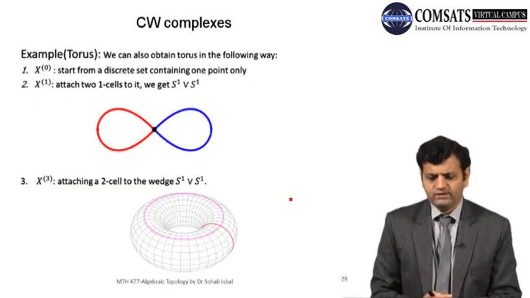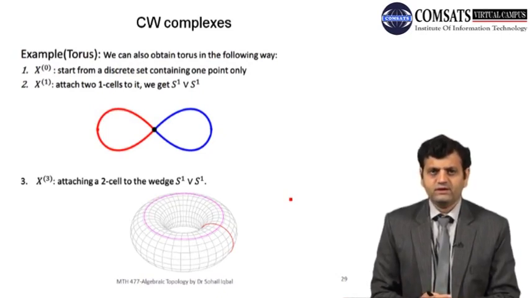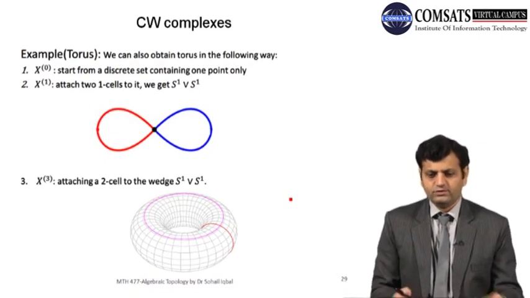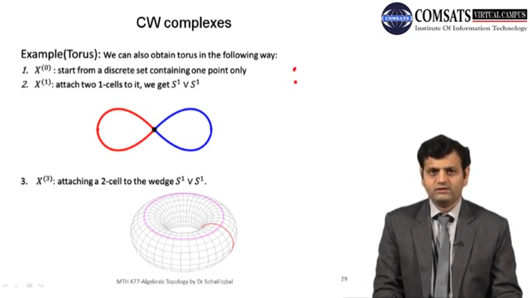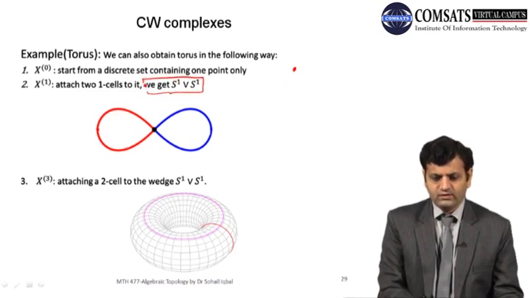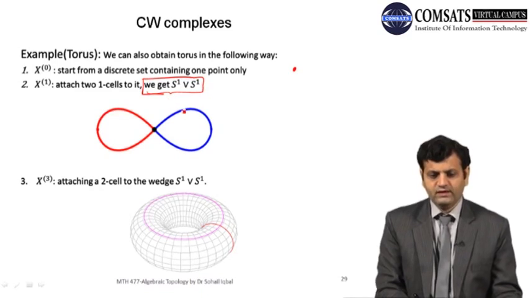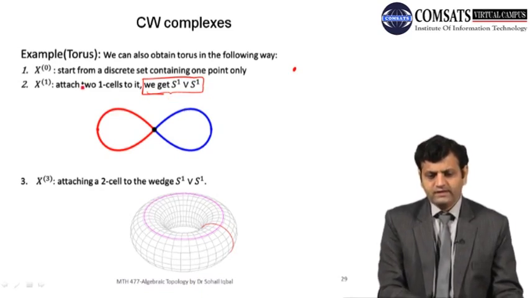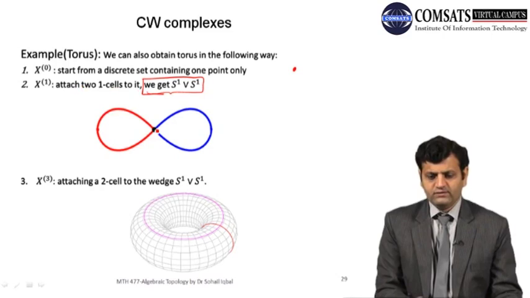Now what does this procedure mean? For example, using this procedure we can construct a torus. To construct a torus, we start from 1 point, just one 0-cell, and then we attach 2 circles to it. This is called the wedge product. We will define it formally in today's lecture. So attach two 1-cells. What are the 1-cells?